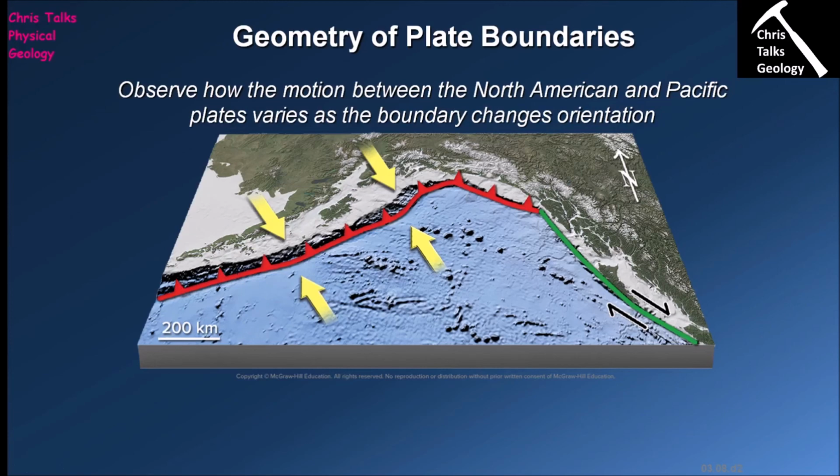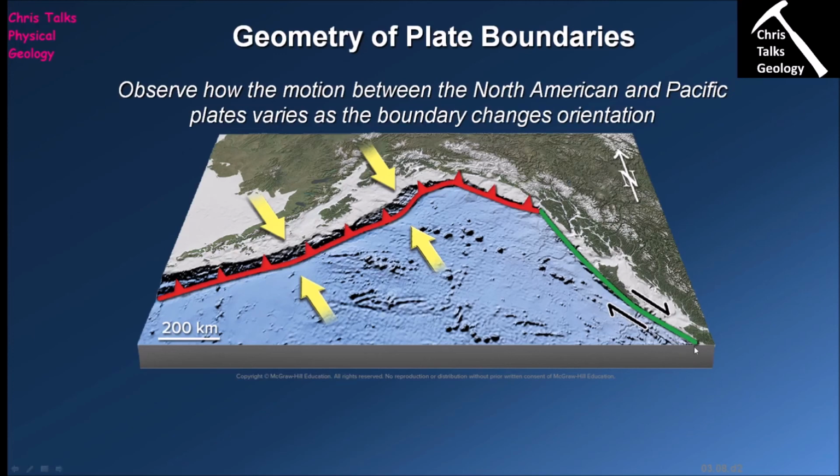The rocks are being squished. In contrast, along here, where we have the transform plate boundary, that is going to be a stress regime which we refer to as a shearing regime. The rocks are going to be stretched in different directions. And so that obviously means you're going to have different regimes overlapping, and so right here it's going to be, from a geologic point of view, absolutely horrible. It's going to be very, very complicated geology in that area.